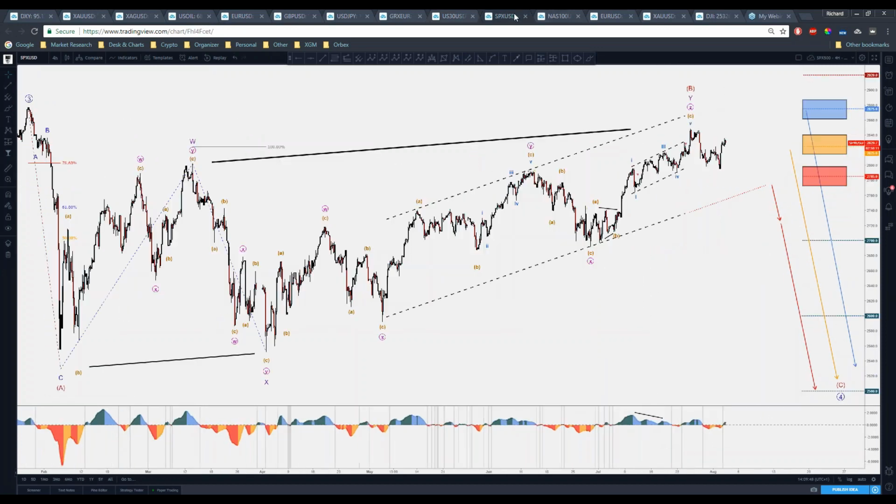Now moving on to the S&P 500, the structure I'm labeling as a flat pattern in this wave B, but in a complex structure, of course. So in a complex double three as well, minus degree purple W X and then a rising channel in a triple three. Imagine that.